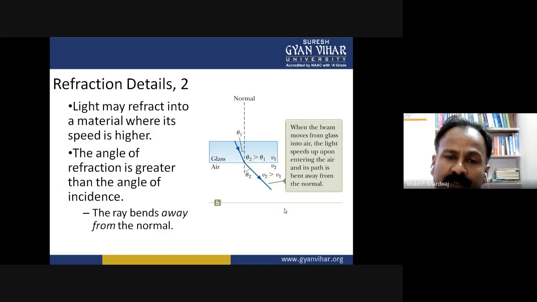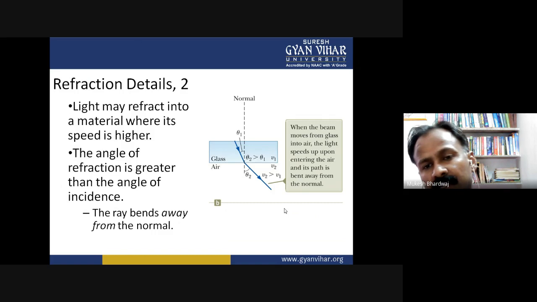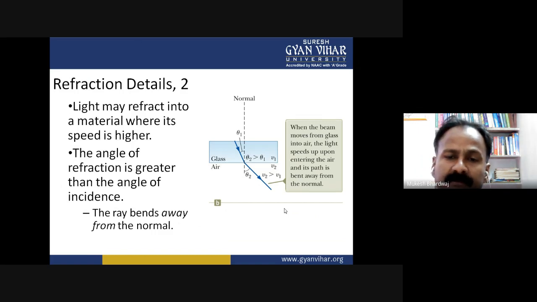Now if the situation is reversed, if the light travels from a denser to a rare medium, then the bending of light takes place away from the normal, making a larger angle from the normal, because as we know, in an air medium the speed of light will increase.